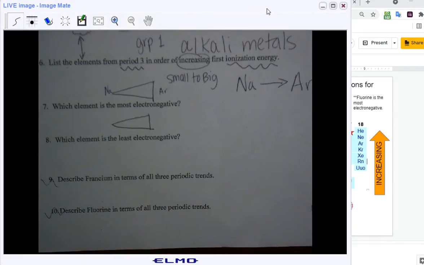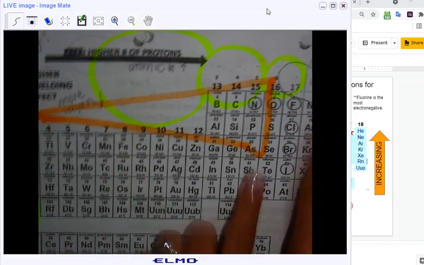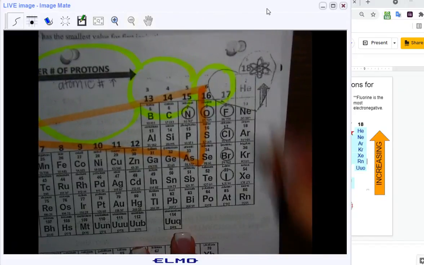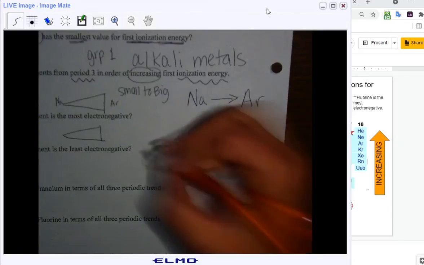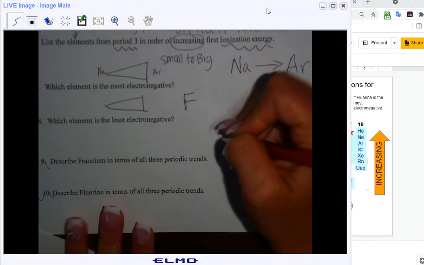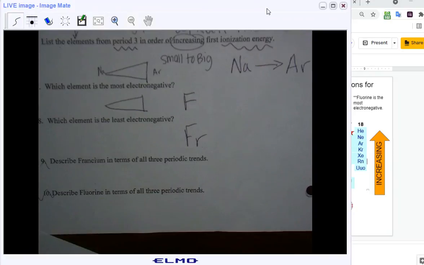Oh, so we got rid of our noble gases, so therefore it is F. So our most electronegative is on this end, and we got rid of our noble gases, so it had to be fluorine. Fluorine. Okay, so we're going to put F. All right, and then who's the least? Who's in the opposite corner? FR.